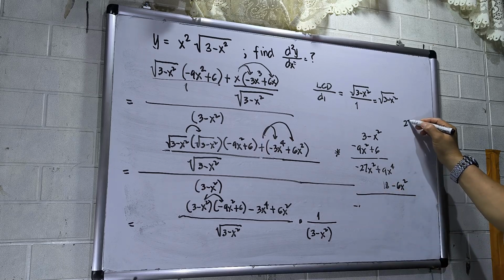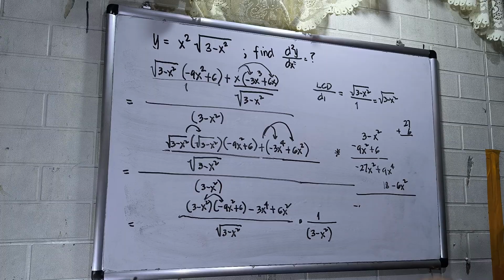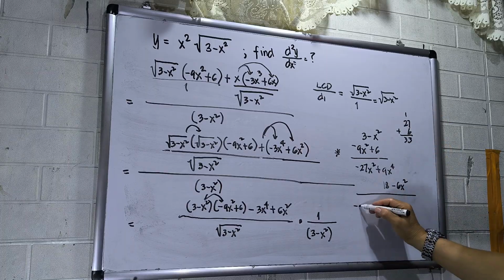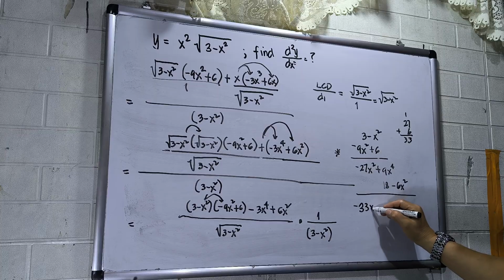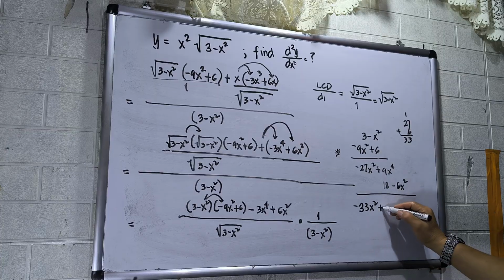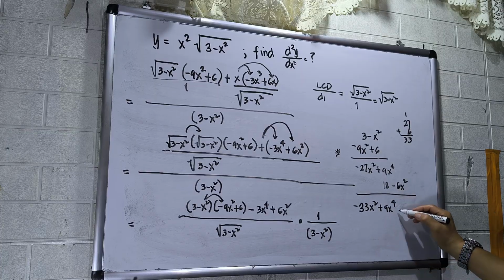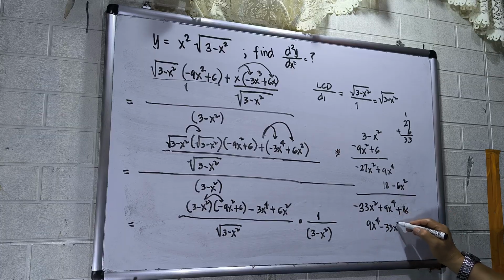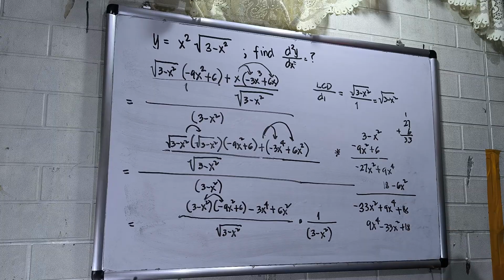So 27 and then 6. So this will be 13, carry 1, 33. So negative 33x squared. Then plus 9x to the fourth plus 18. So arrange, this will be 9x to the fourth minus 33x squared plus 18. Okay?